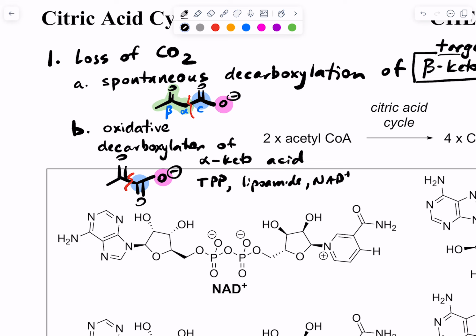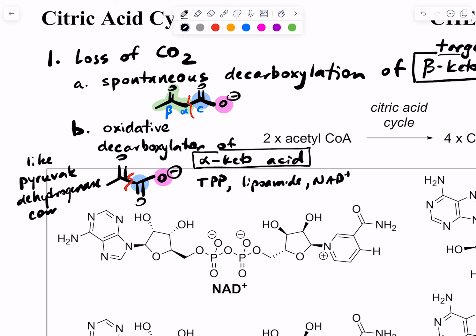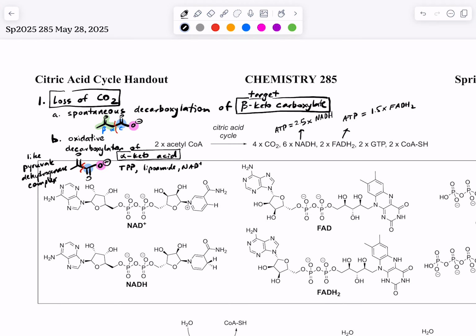So that's our other potential target molecule, an alpha keto acid. We can use enzymatic machinery similar to the pyruvate dehydrogenase complex, and we went through that mechanism last time. It's pretty difficult. But those are our 2 target arrangements of atoms that allow us to lose CO2. So that's our first goal in the citric acid cycle.